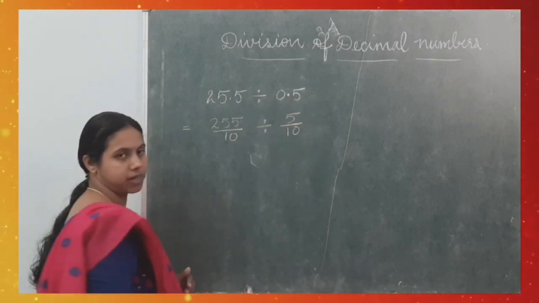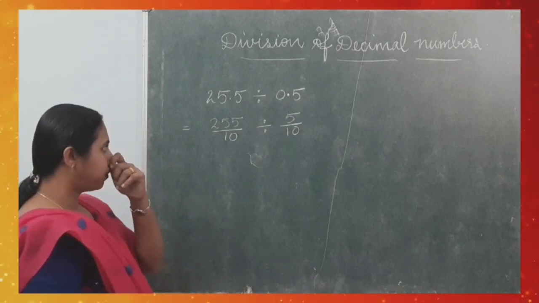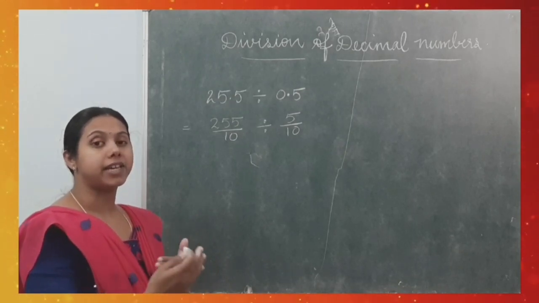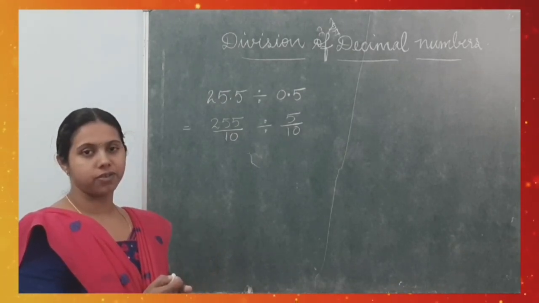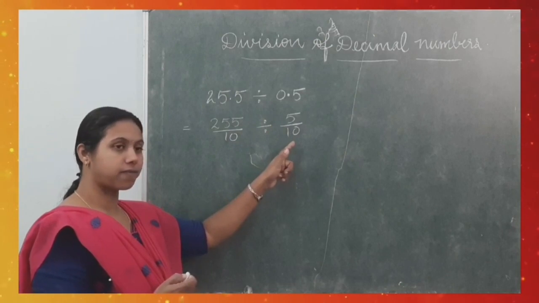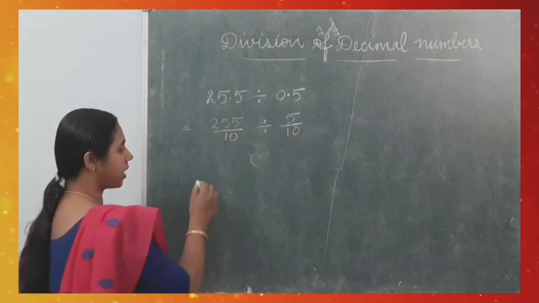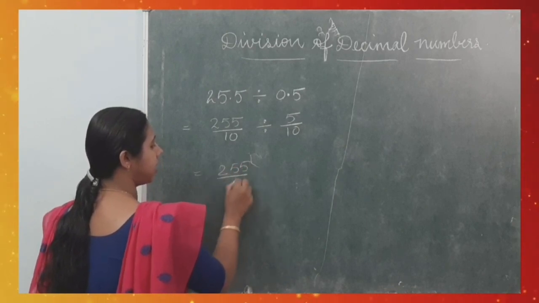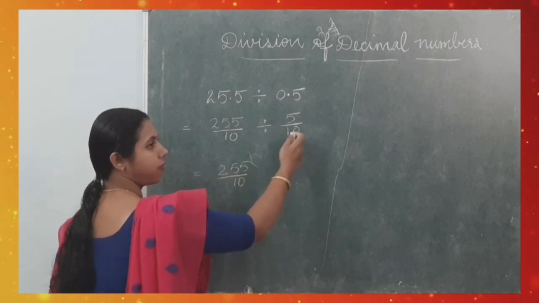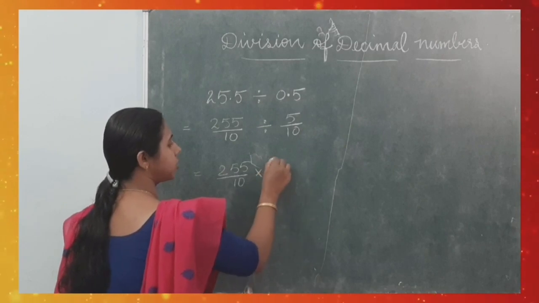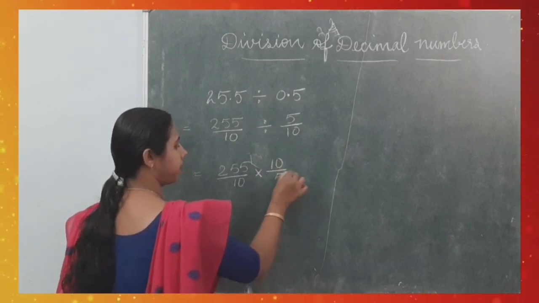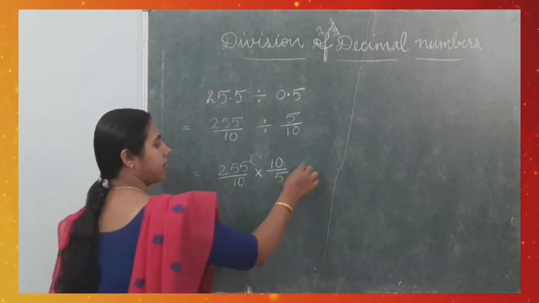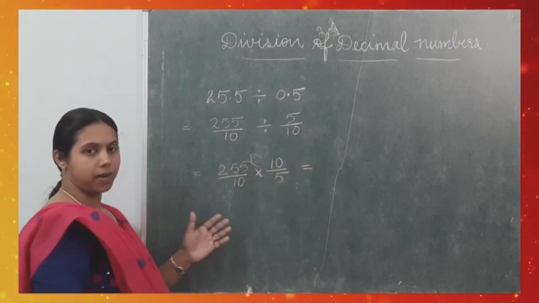Only one decimal place. Now we know how to divide a fraction by another fraction. You should take the reciprocal of the second fraction and multiply. So your answer will be 255 by 10 times the reciprocal of the second number, that is 10 by 5. Now all these numbers are whole numbers.